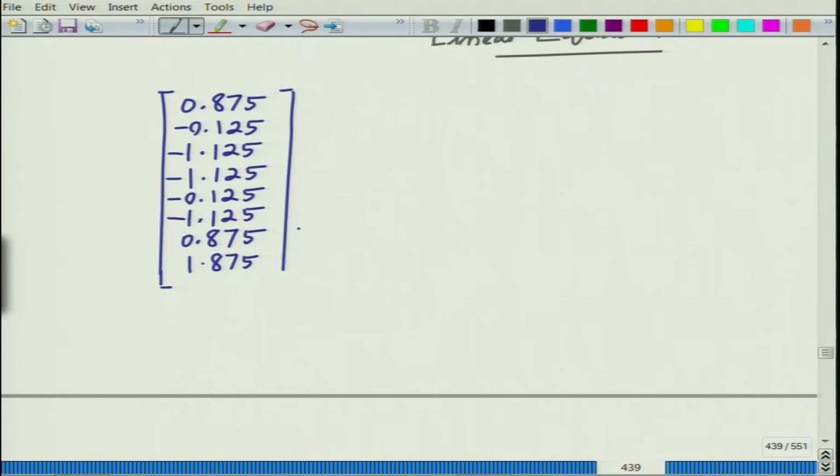This is what we are calling the vector R tilde.